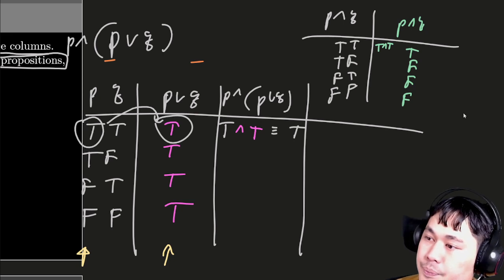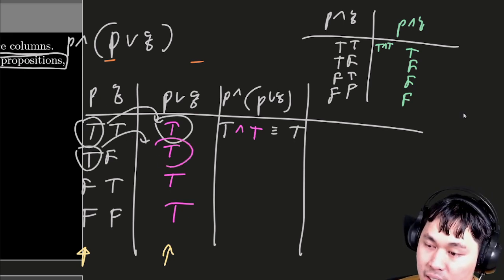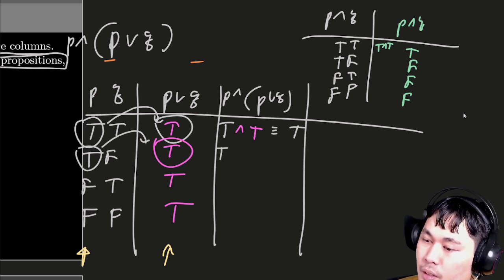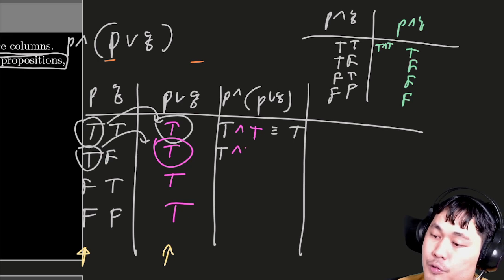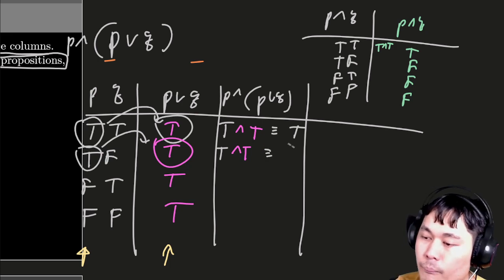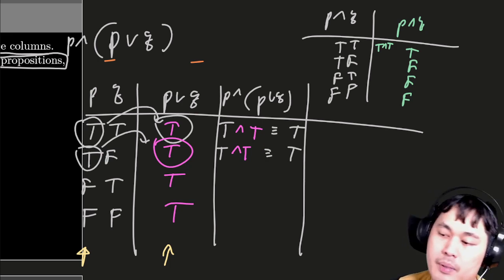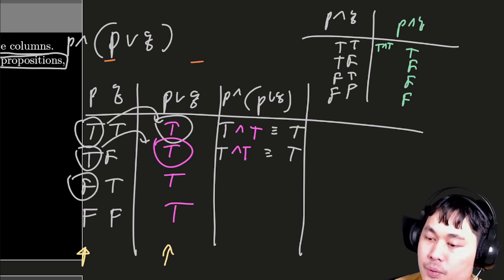That's true. Then for the second one, notice we have T and then T. So actually, if P is true and Q is false, we still have T and T. True and true, and of course, that's the same as what we have above, which is true. And next we have false.